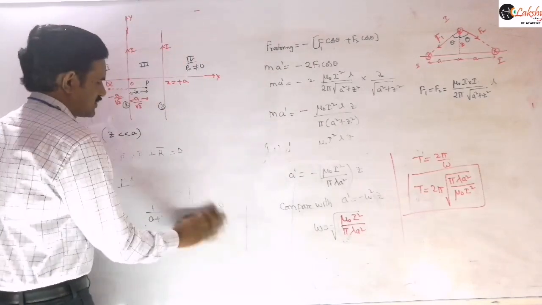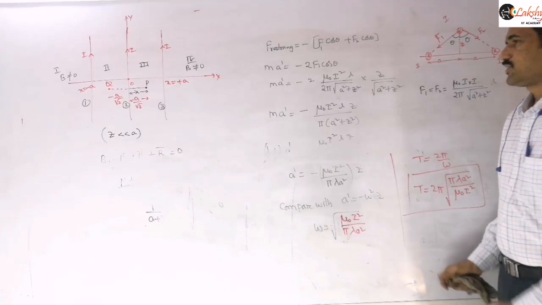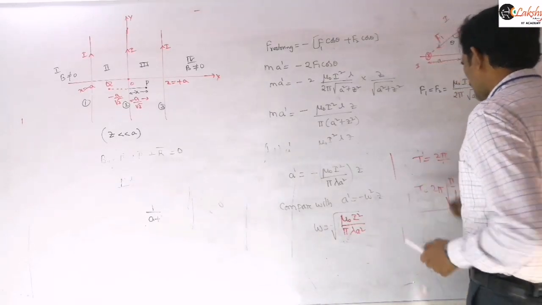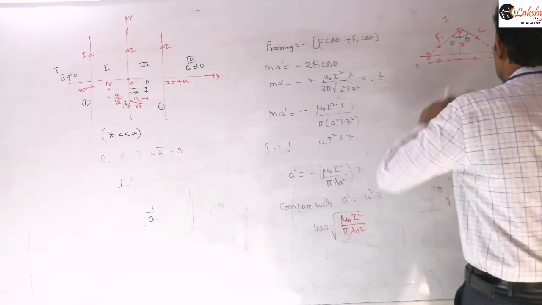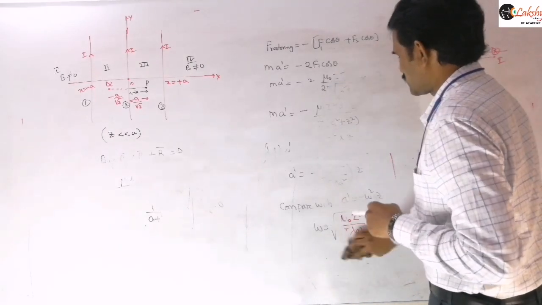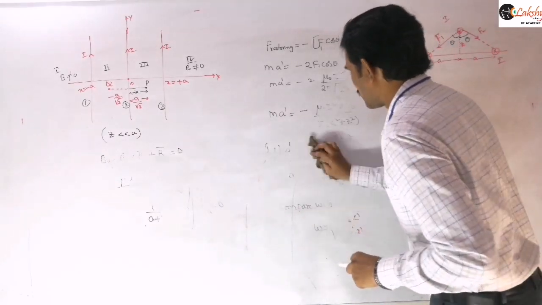Similar to this, another type of problem you will get, and with the knowledge of this you can solve it. That means a similar arrangement. Here two wires are placed horizontally on a horizontal surface, and those two wires are fixed there.